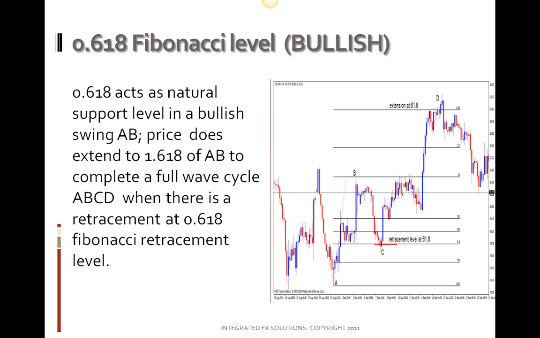Looking at the chart, price started from a point A, moved to a point B to form a resistance. Then price retraced to point C at the 61.8 Fibonacci level, and it moved up beyond B to a point D at the 1.618 extension.